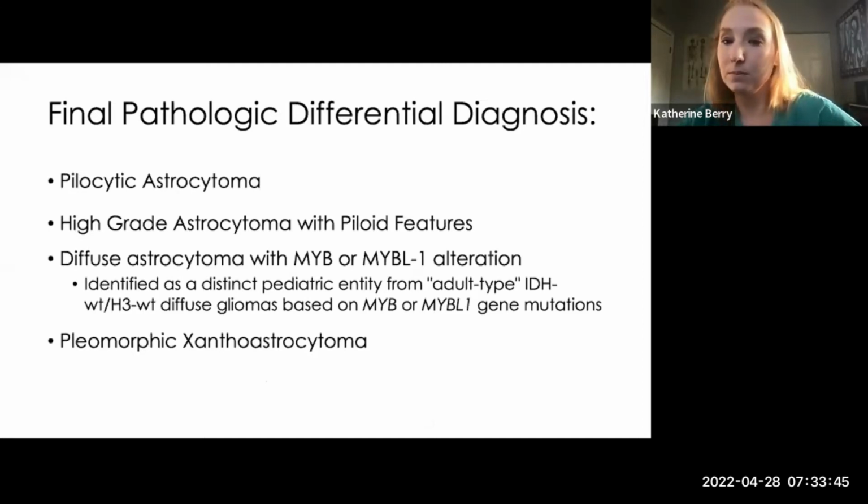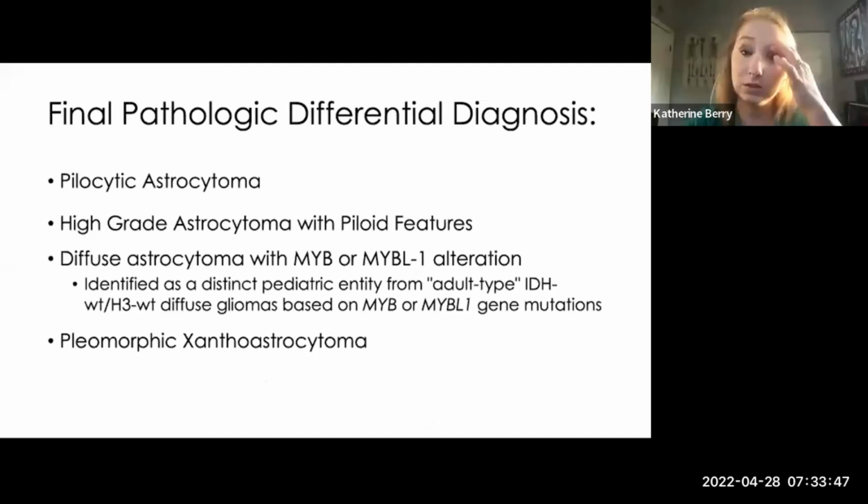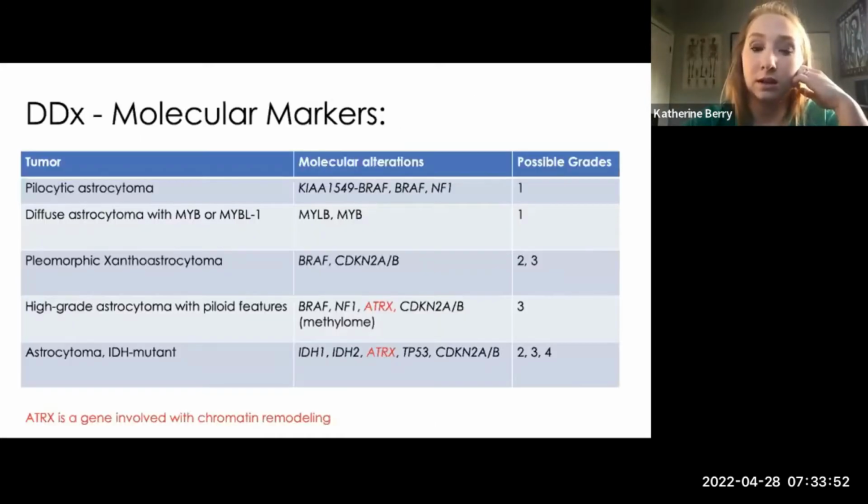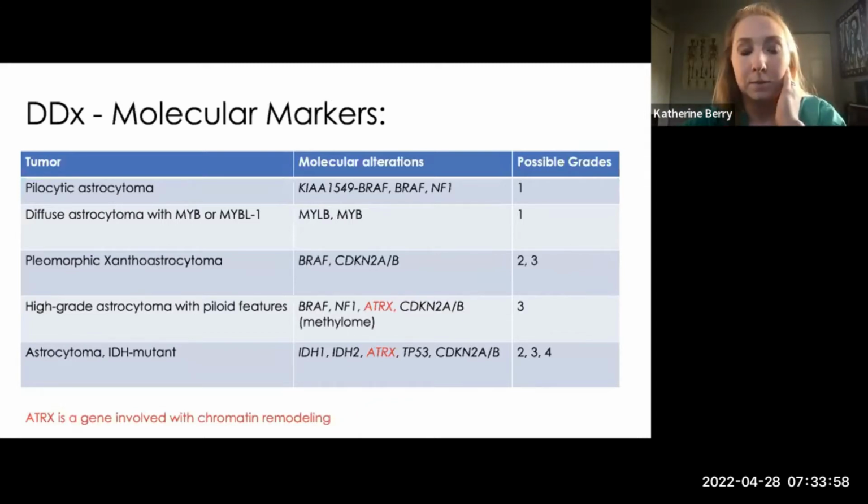So as we've kind of alluded to, there are things that are unusual about this tumor. And I think that's why it's helpful to understand the spectrum that these kinds of tumors can be seen on. For another quick review of the actual molecular alterations and the grading possibilities of these tumors that I just described in our differential based on the histopath.